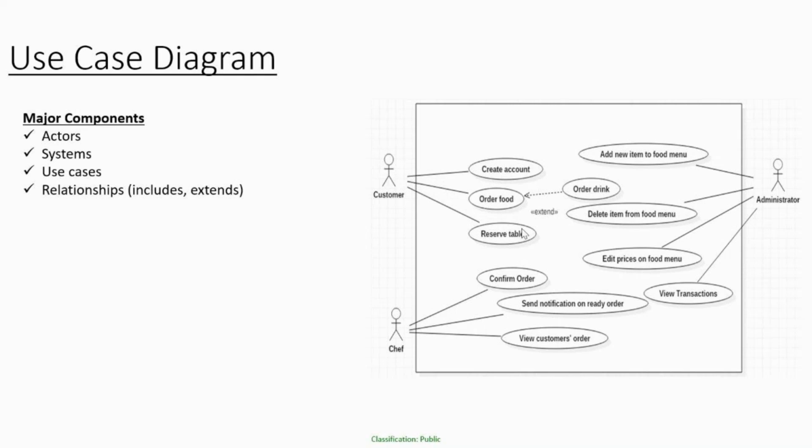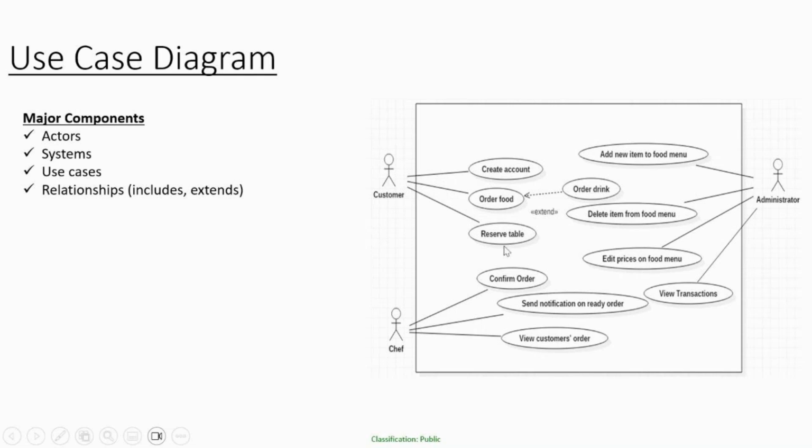If you're reserving a table, what happens? The customer opens the app, then wants to reserve a table to go and have lunch or dinner at that restaurant venue. When the customer clicks on reserve table, the next step is asking the customer to select the table, because maybe some tables are priced higher, some tables are priced lower, things like that.